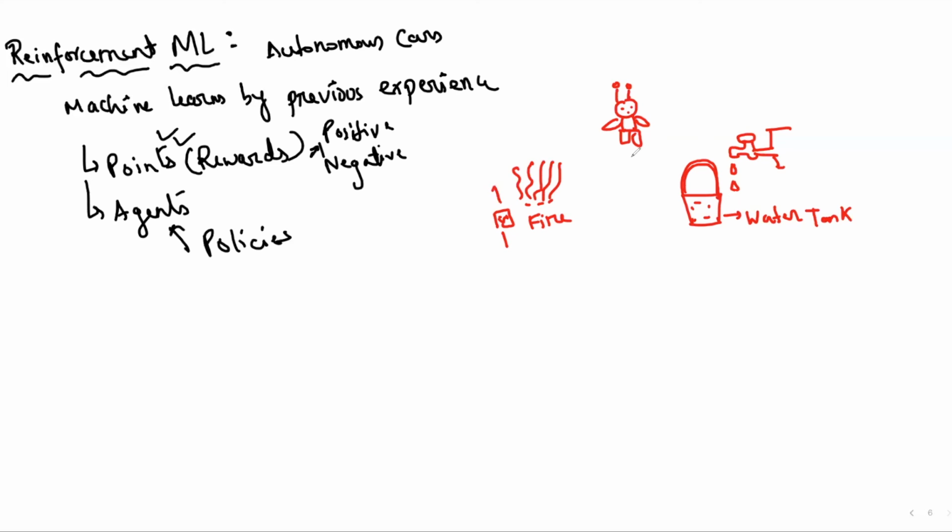So as a robot, there are various points I have assigned. Let's say if it is able to stop, extinguish the fire, it will be awarded 100 points. So this is the job. What it will try to do is get these 100 points as soon as possible, and then immediately move to its next job, which I will give, right?